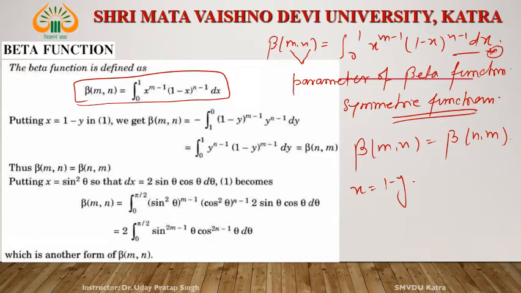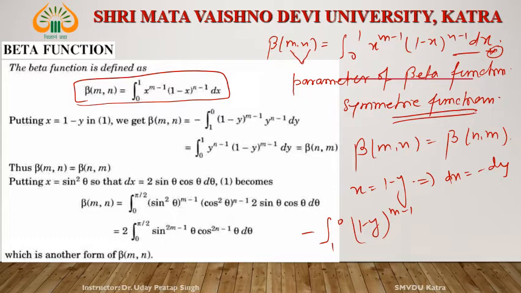If we replace x by 1 minus y, then what is dx? Dx is minus dy. What is the limit? The limit is 1 to 0. If x equal to 0, then y equal to 1. If x equal to 1, then y equal to 0. X to the power m minus 1 means 1 minus y to the power m minus 1.